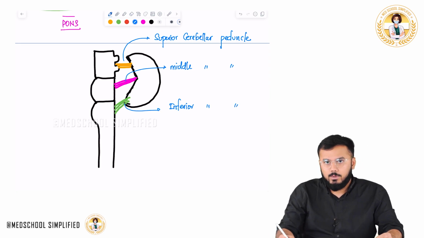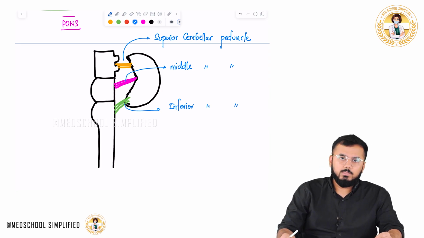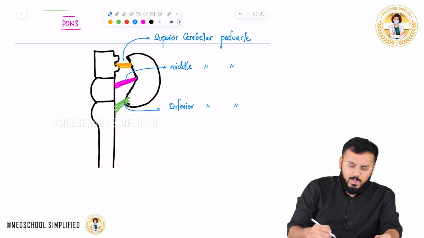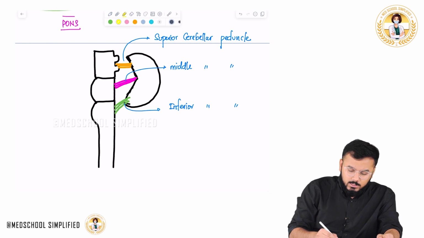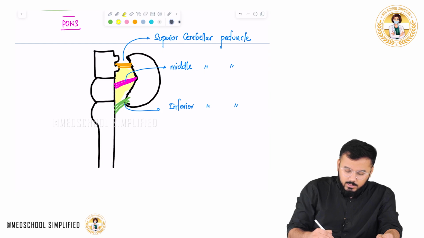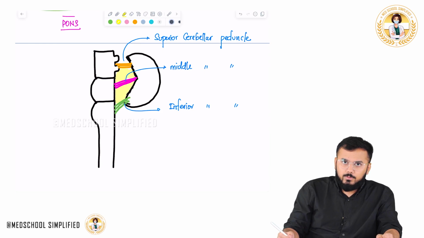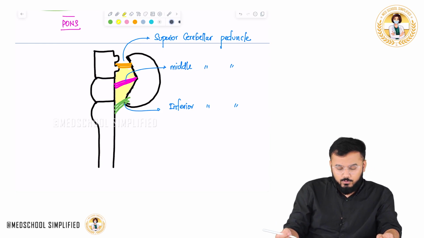So there are three cerebellar peduncles: superior, middle, and inferior. And this cavity which I'm highlighting right now is called the cavity of the fourth ventricle.